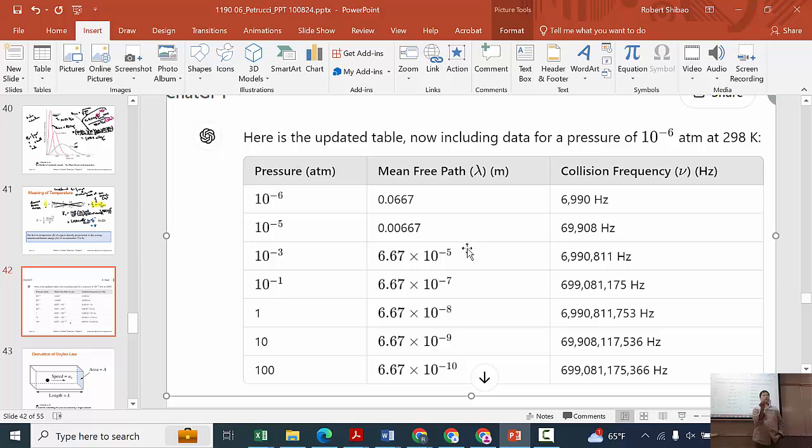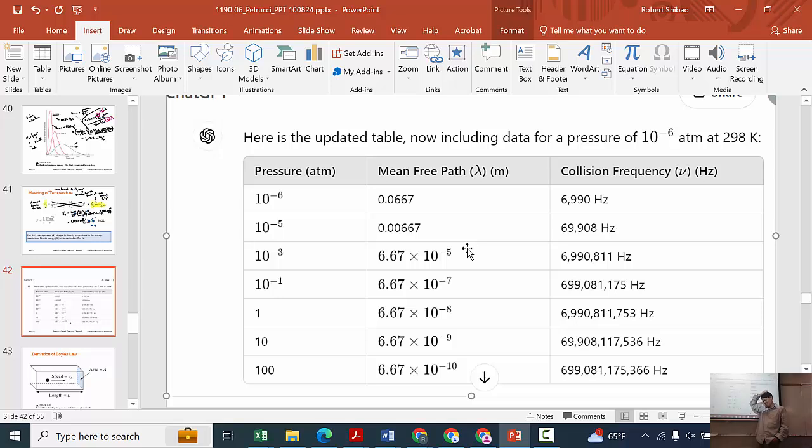Is that very far? No, but if you're a gas particle, that's considered a far distance. Let's say we go to 10 atmospheres. Then it's 6.7 nanometers. And if we go to 100 atmospheres, it's like 6.7 times 10 to the minus 10.